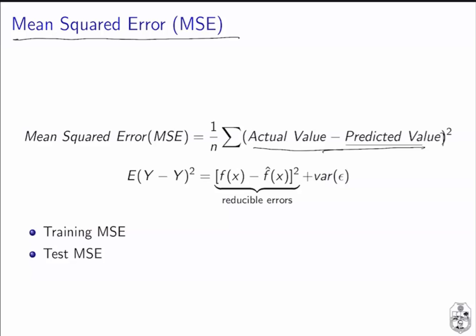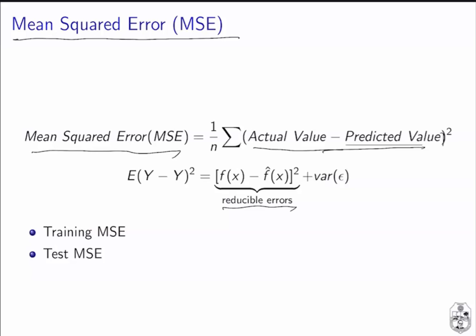We want to make both situations positive, and that's why we take the squares, and then we take the average, and that's why it is called the mean square error. This mean square error is nothing but the reducible error.